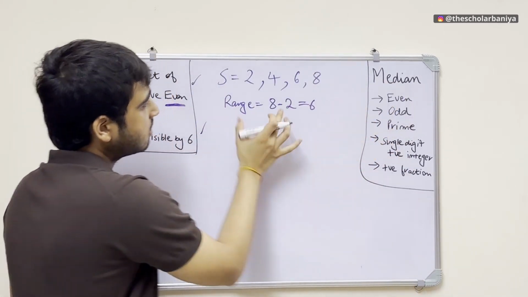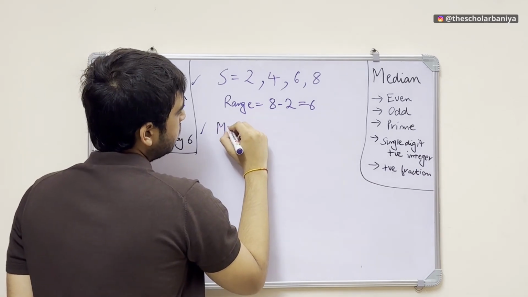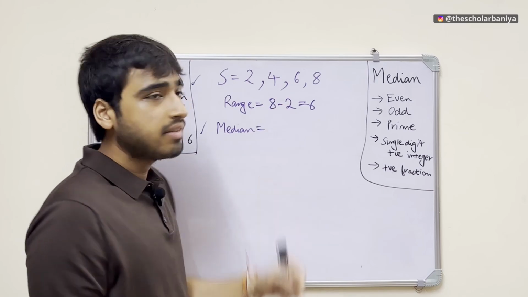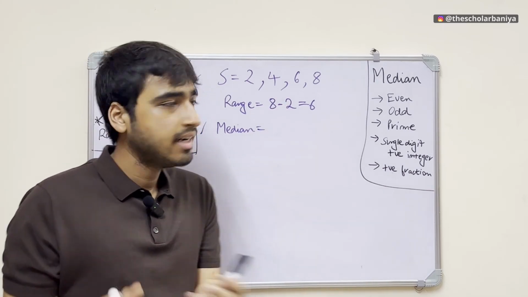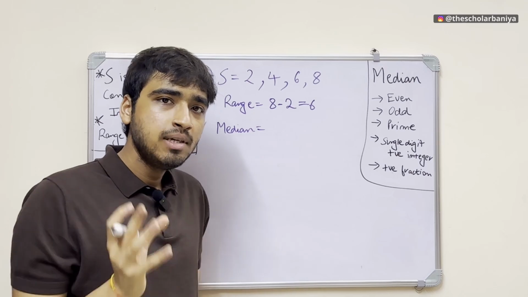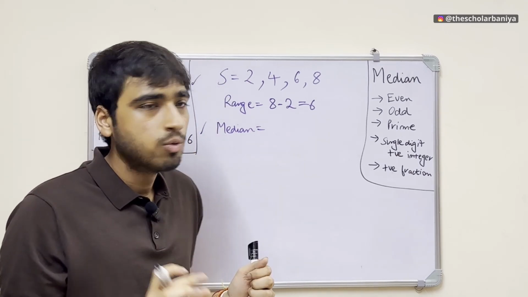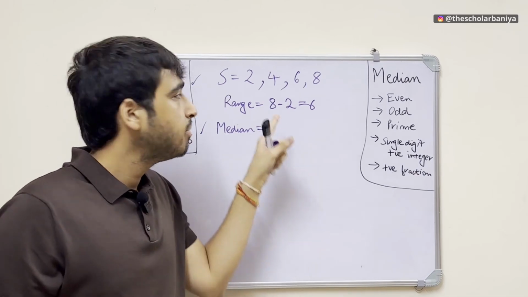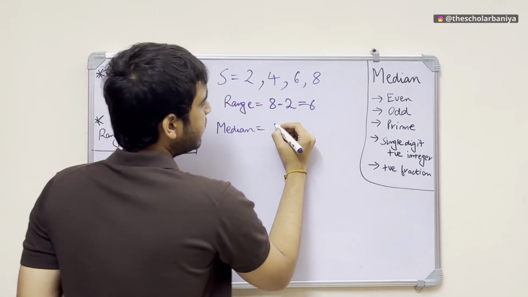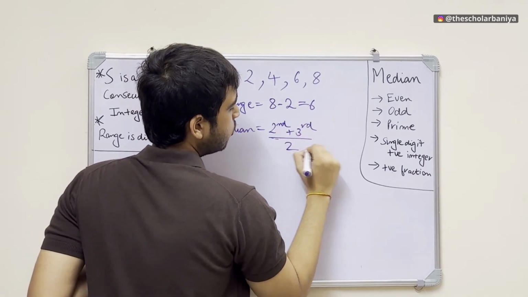So now in this case, what will be the median? Because we have an even number of numbers, there are 4 numbers. So the median will be the n by 2th term plus the next term, divided by 2. N by 2 is 4 by 2, which is 2. So the median will be the second term plus the third term divided by 2.